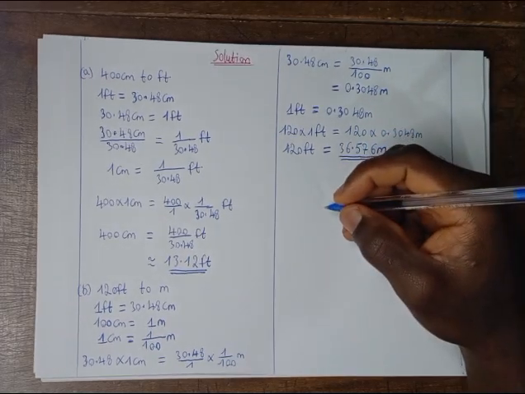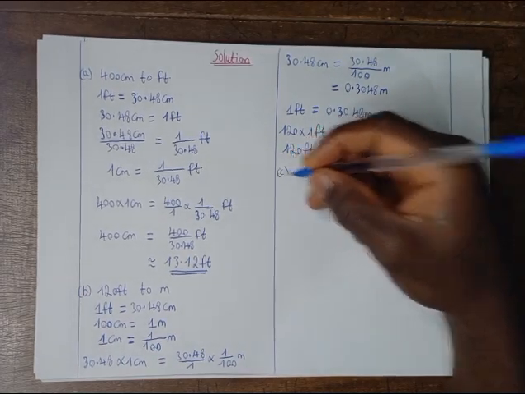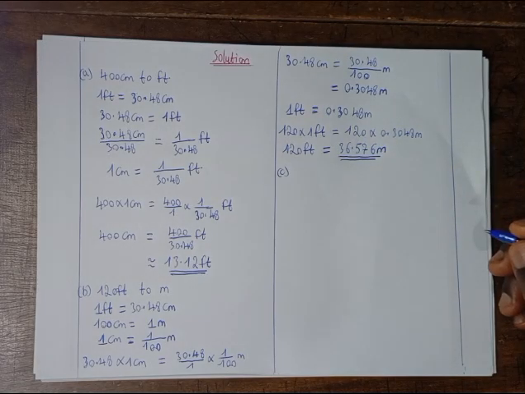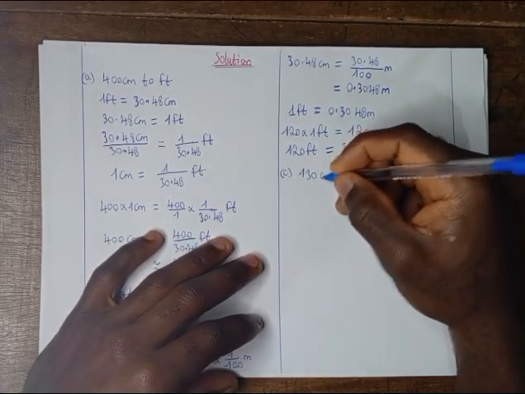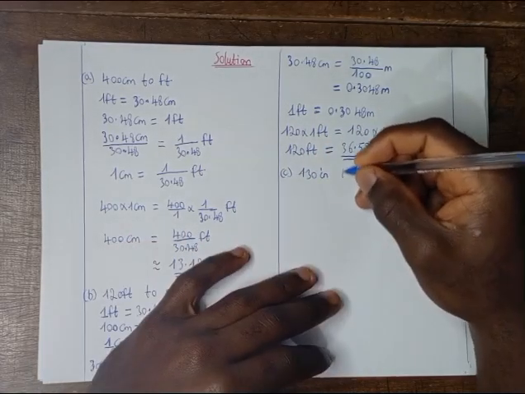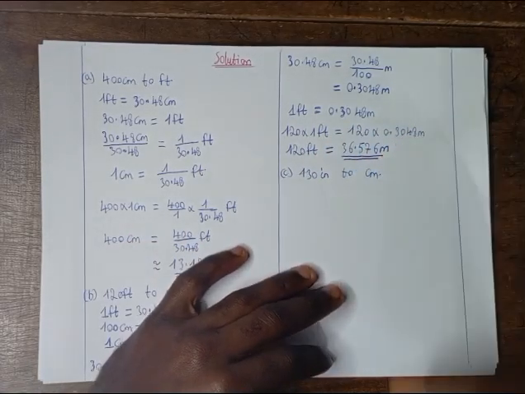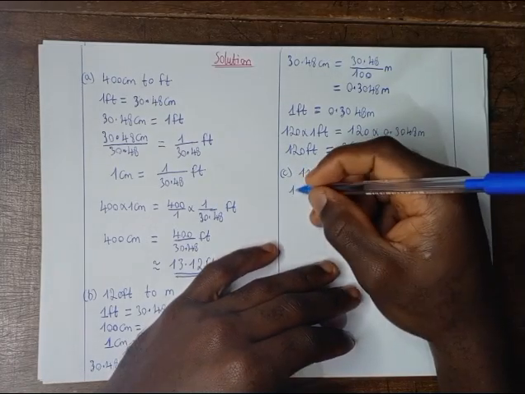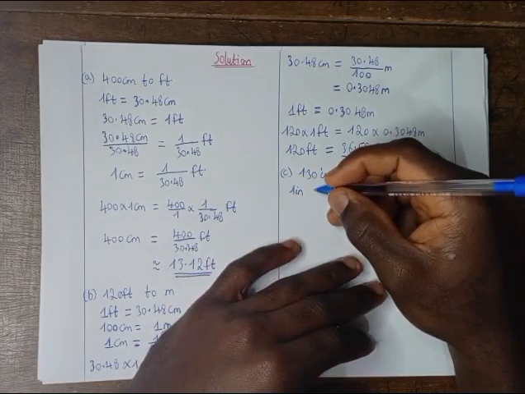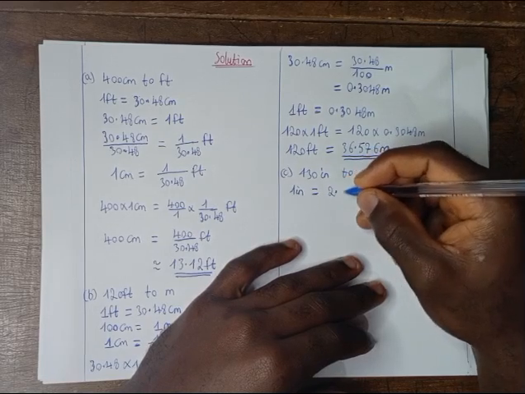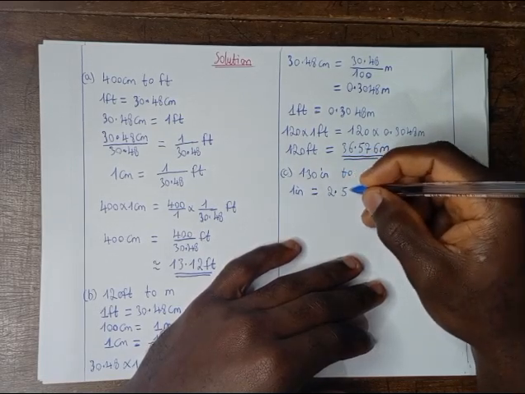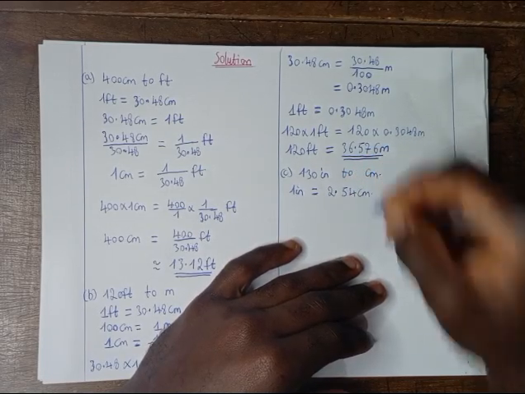Next, now we go to question C. For C, we have to convert 130 inches to centimeters. First, we know that 1 inch is equal to 2.54 centimeters.